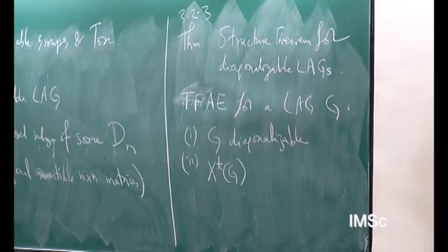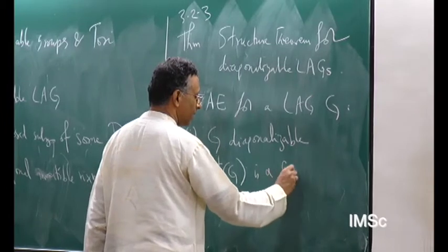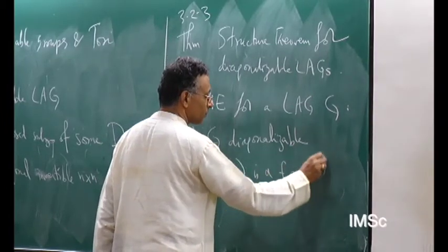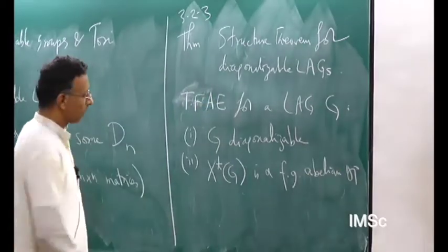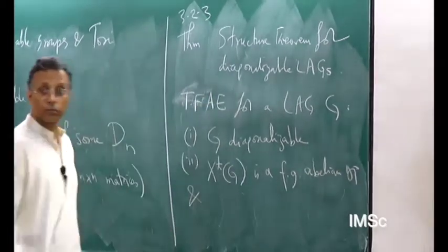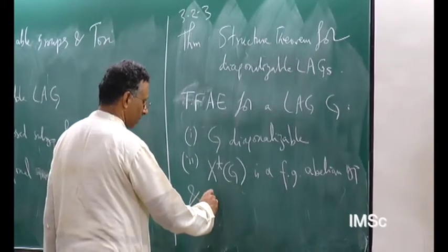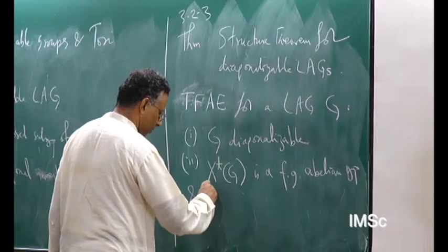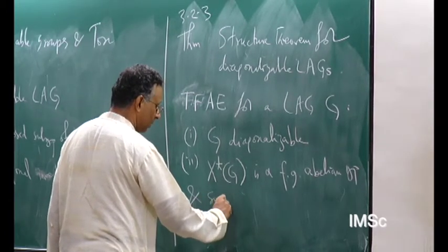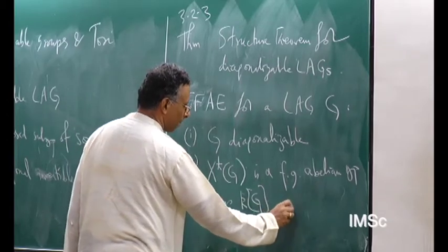So this is a finitely generated abelian group, and it spans K[G] over K.